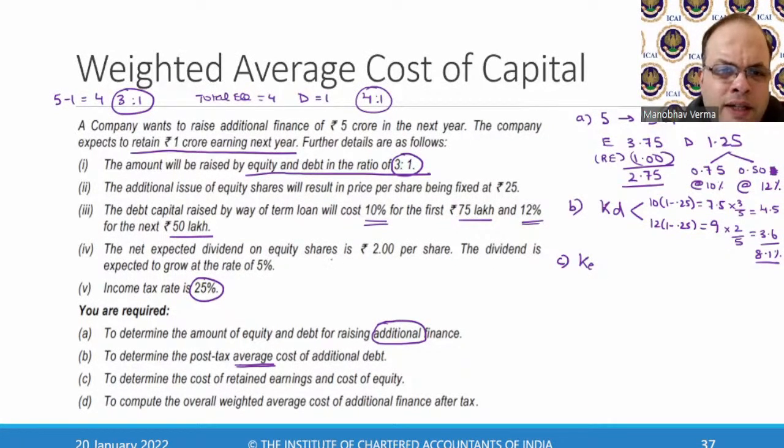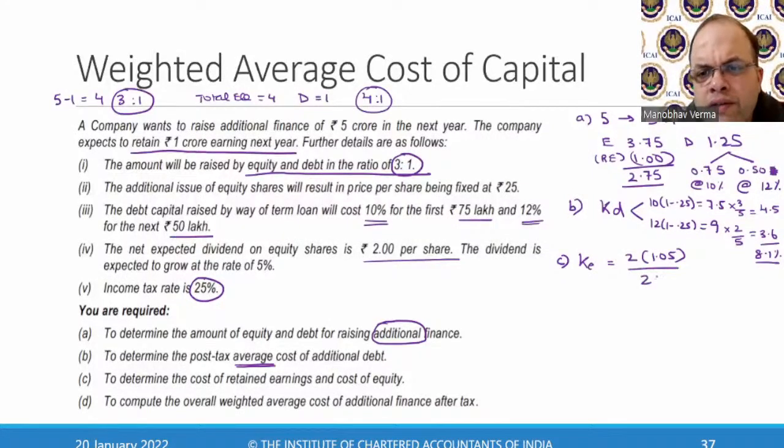Net expected dividend on equity share is 2 per share. So D1. So D1 will be 1.05, and this is 25 plus 0.05. How much are we getting, guys? What is cost of equity? Harsh, is it exactly 13%?